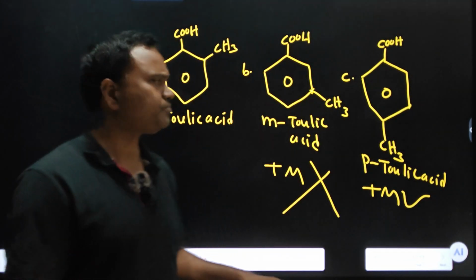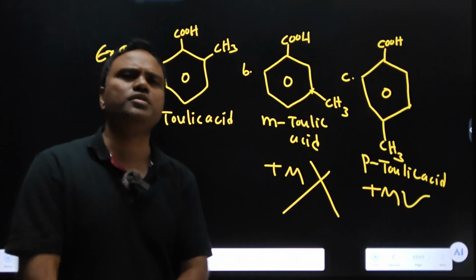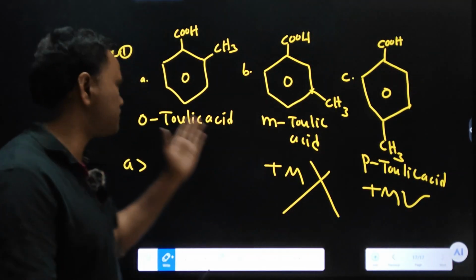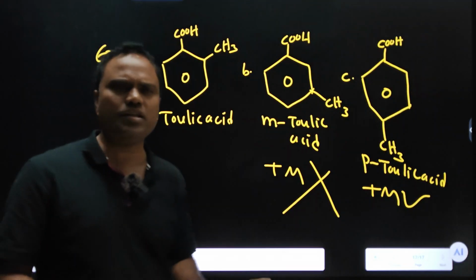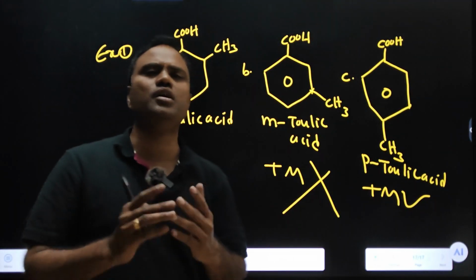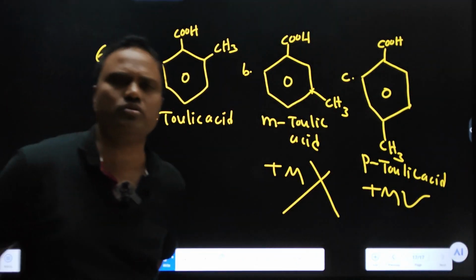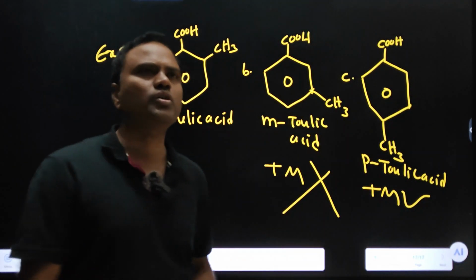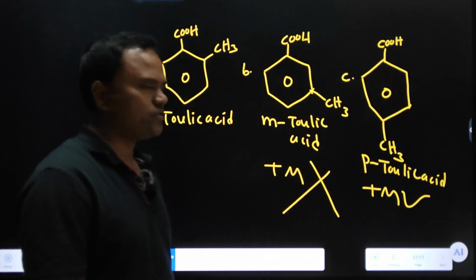Clear? First one is more acidic because of ortho effect. Don't check any effect, meaning plus I, minus M, minus I. Just if you observe any substituent in the ortho position, that will be more acidic, no doubt. Clear? Now coming to these two. Which is more acidic?